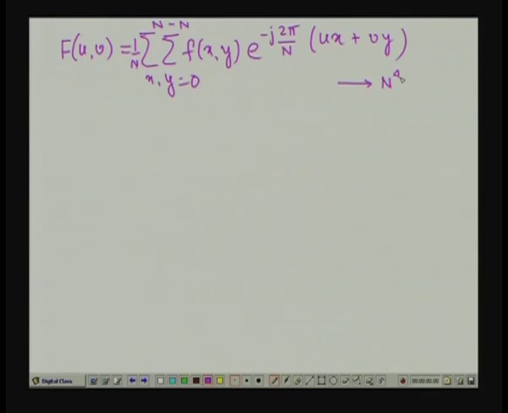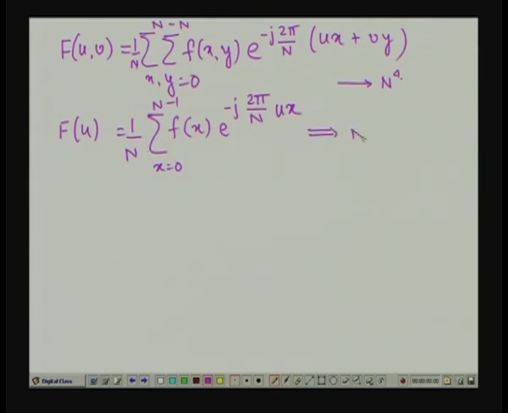4 number of computations. In case of a one dimensional signal, F(u) will be given by the summation of f(x) e to the power minus j 2 pi by capital N ux, over x equal to 0 to capital N minus 1, and you have to scale it by 1 upon N. This particular expression takes N square number of computations.